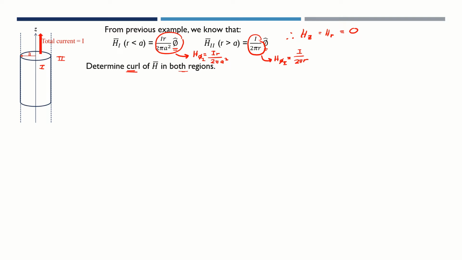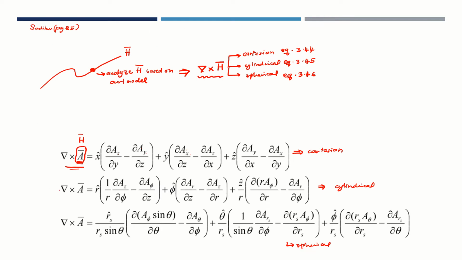Now we want to determine the curl of H for both regions. Let's try to solve it. Solution: since the shape of our problem is cylindrical, we will of course refer to the curl equation with cylindrical representation.